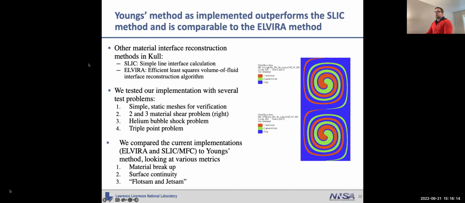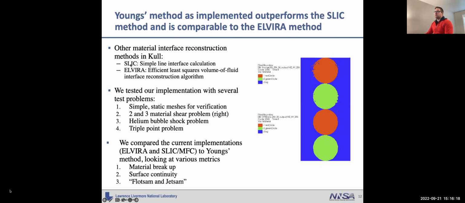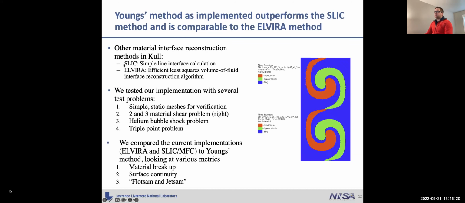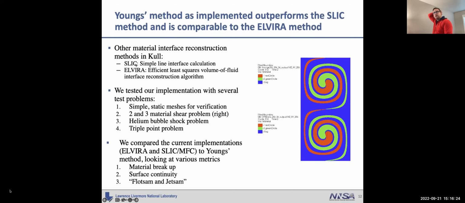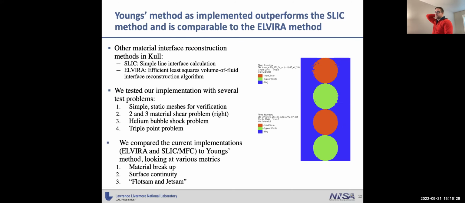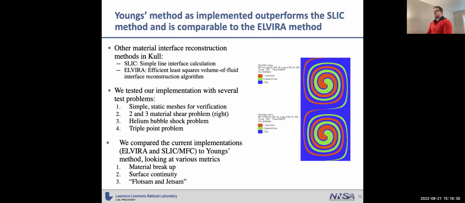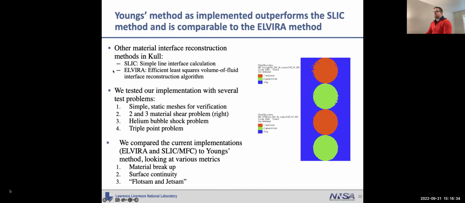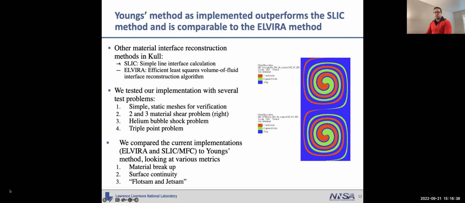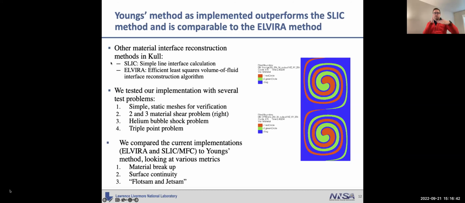So the other two main MIR methods that were implemented into Kull already were the SLIC and Elvira methods. SLIC is the simple line interface calculation, and Elvira was the efficient least squares volume of fluid interface reconstruction algorithm. That's a mouthful, so we just call it Elvira. SLIC is kind of a lower order approach to this, where you can only work with horizontal or vertical lines.